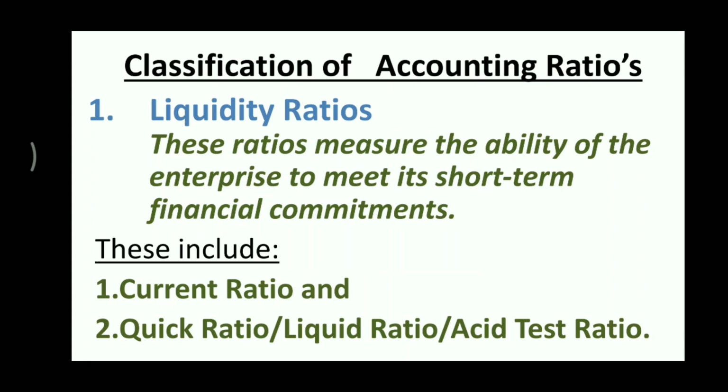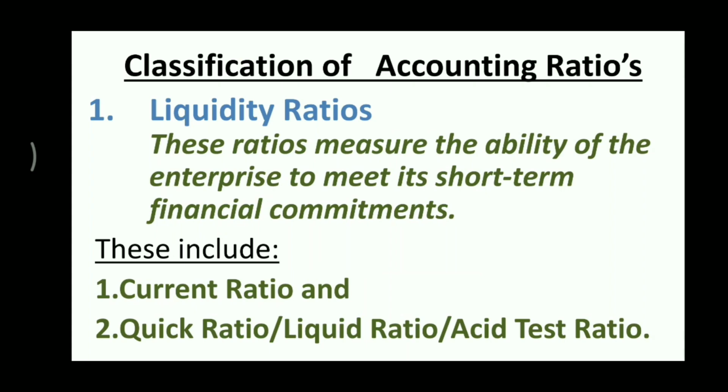Now what is the use of liquidity ratio? Liquidity ratio measures the ability of the enterprise to meet its short-term financial commitments. That means we see how efficient a business is to meet its short-term obligations.